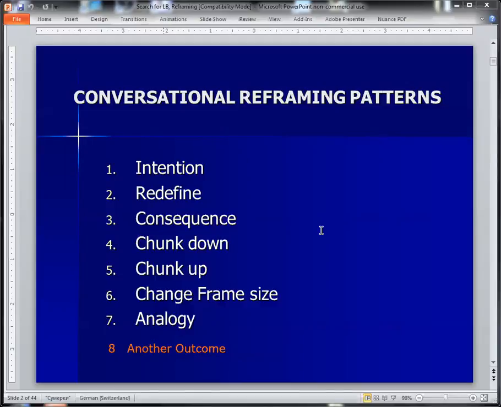The size is related to the number of people or time. That's the definition of change frame size. But the idea is actually switching to a more global, bigger picture, or a smaller one. That's what size is. It could be going smaller, or going more global.